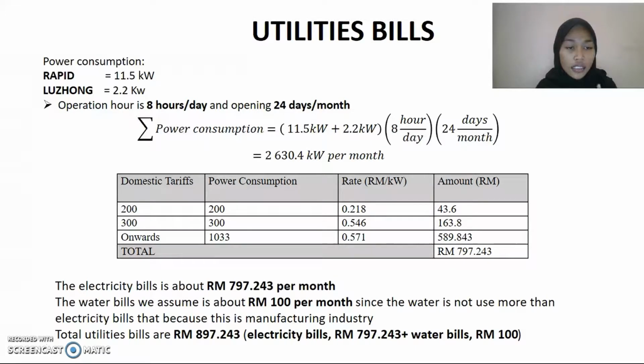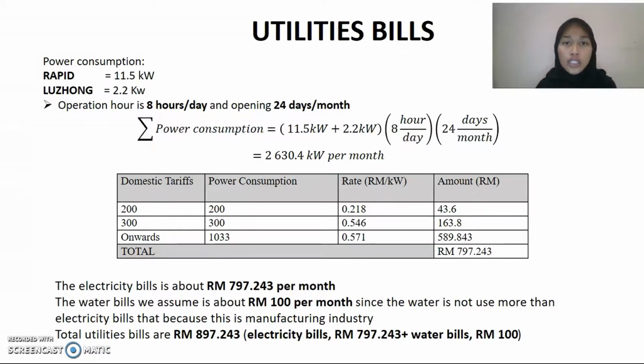After totaling the electricity bills, we found that the total electricity bill is 797.243 per month, and we assume that the water bill is 100 per month, since not much water is used compared with electricity, because this is a manufacturing industry.